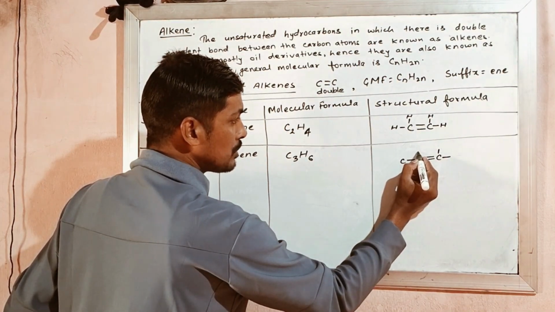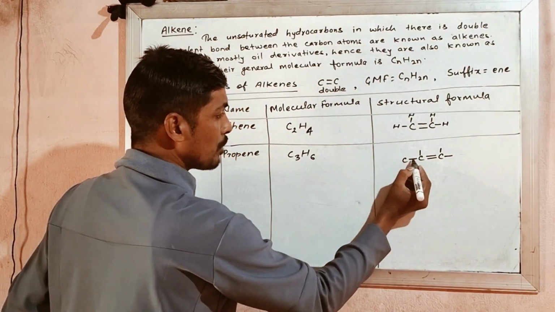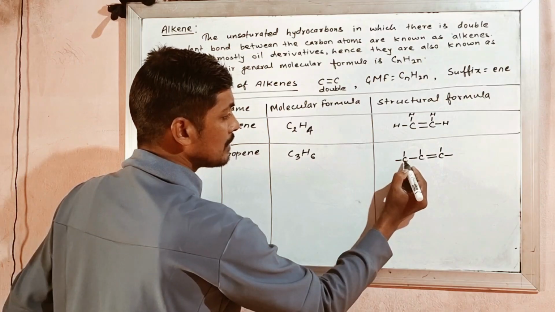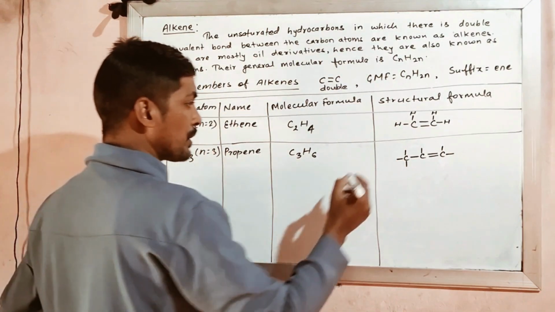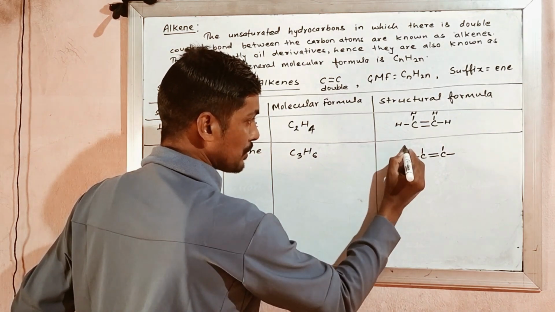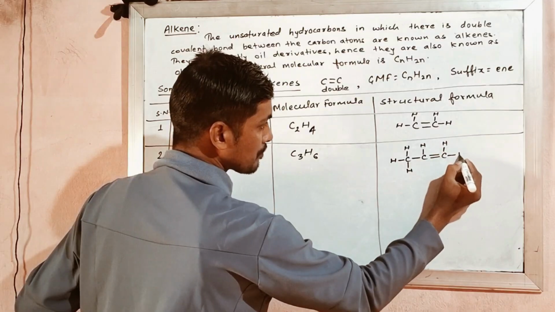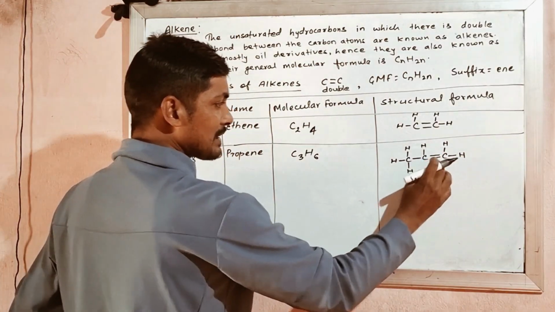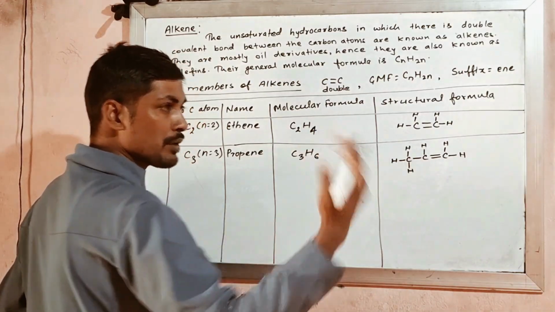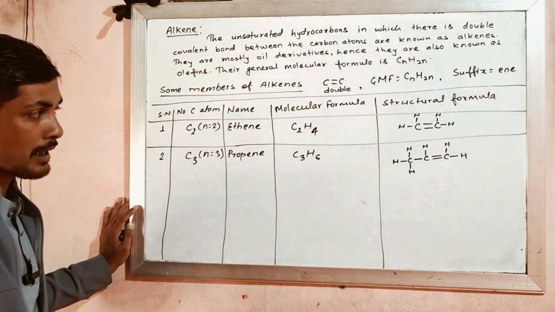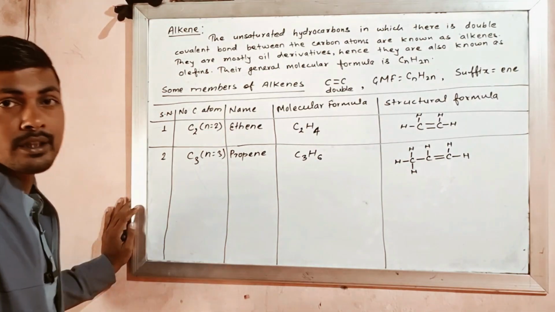So one more bond we have to keep here, either like this, or you can keep it down also: 1, 2, 3, 4. In this way, we have to complete this bonding. After that, connect hydrogen to each bond. So this is the structure of propene. You can make this double bond here also. If we make this double bond here, then we will get another structure, and for that structure we will get a different condensed formula.